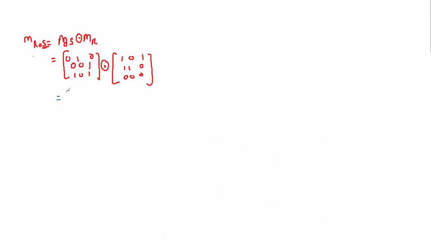Okay. Now see. Just like normal multiplication in matrix, what will you do? You multiply like this, right? So first is multiplied with first, and OR, right. First row is multiplied with first column, right?